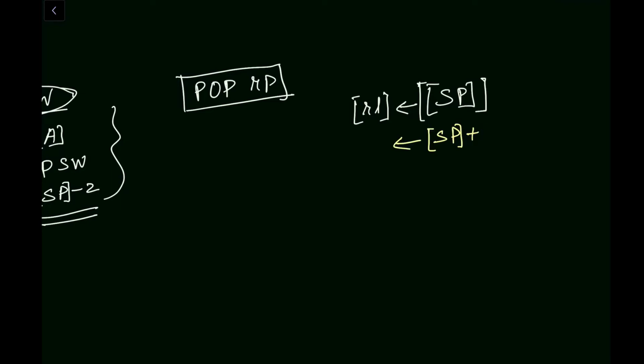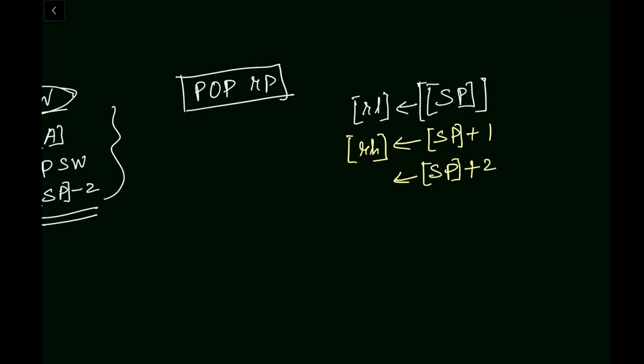Next, SP+1 will be moved into the higher order 8 bits of the register pair. Now we have popped, that means we have taken data from the stack to the register pair. Now the stack pointer address must be modified with SP+2.